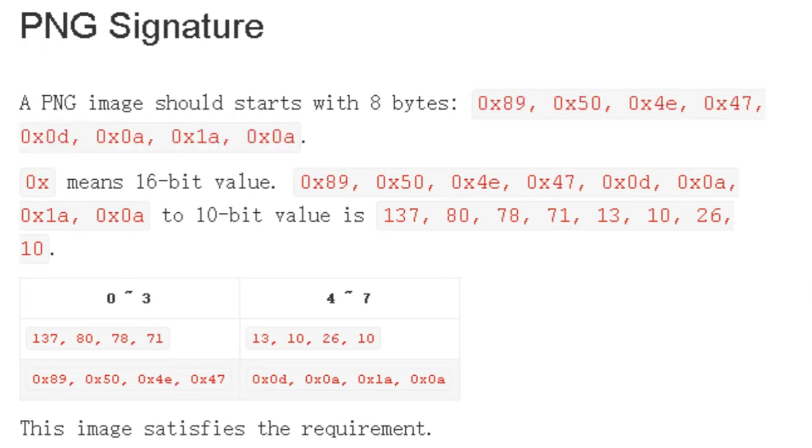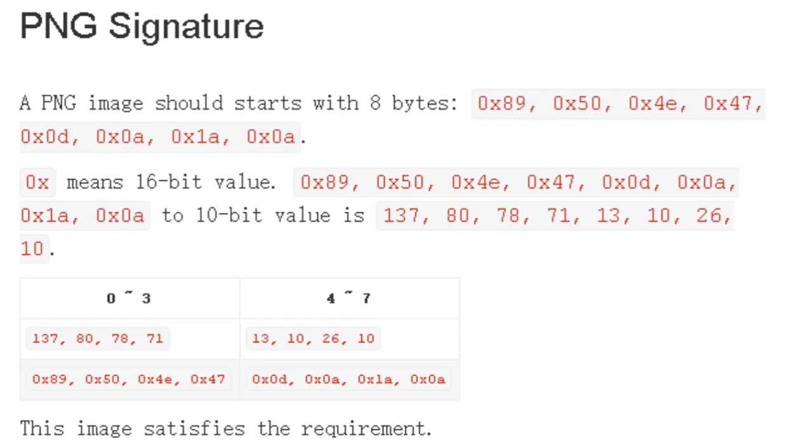So let's keep on reading this. 0x means a hexadecimal value, so it's just explaining the notation there. 0x89, 0x50, 0x4e, 0x47, 0x0d, 0x0a, 0x1a, 0x0a in decimal values is 137, 80, 78, 71, 13, 10, 26, and 10.